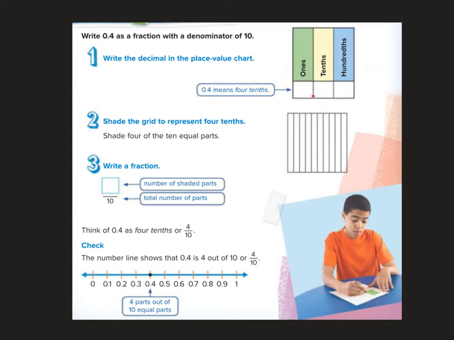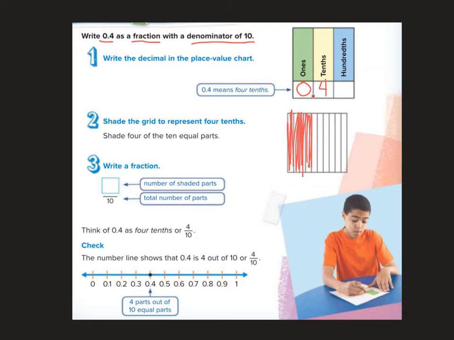This decimal is called 4 tenths, as a fraction with a denominator of 10. So if I was going to write this in decimal form, 0 ones, 4 tenths, right? If I was going to shade in 4 tenths on my model here, I would shade in 4 ten sticks. 1, 2, 3, 4.